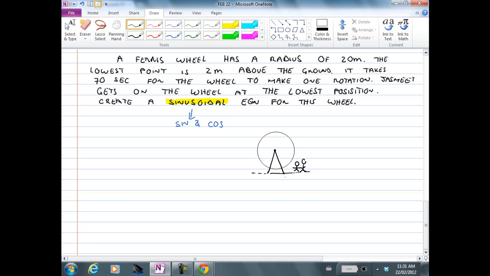Now, we know the lowest position is 2, because I told you that the lowest point of this Ferris wheel is 2. Guys, gals, you've got to figure out what is the highest position this Ferris wheel hits. Think about it. 42? Why 42?